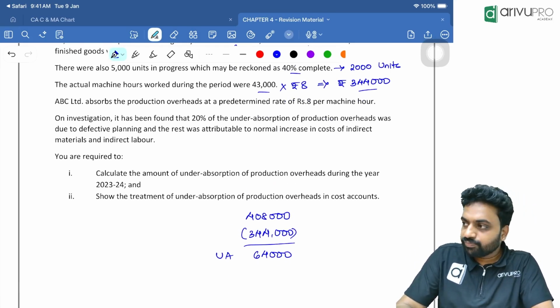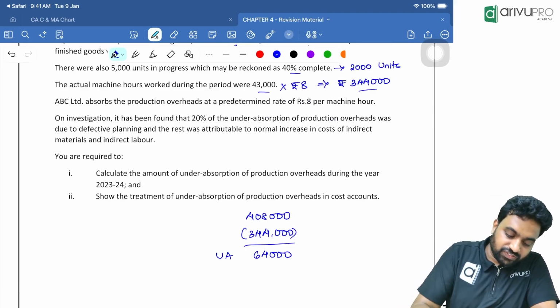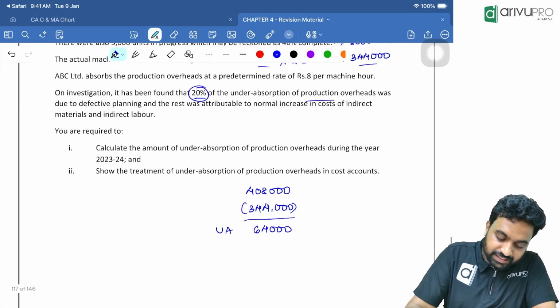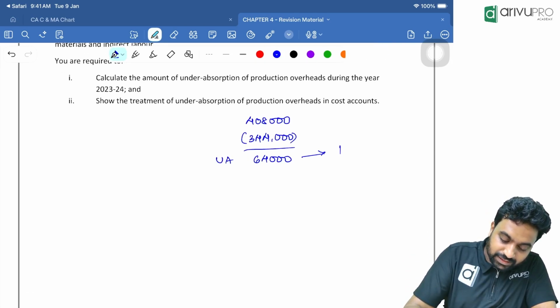Is that clear? On investigation, it was found that 20% of under absorption was due to defective planning. 80% is due to normal. That means 12,800 is going to be there in the costing P&L.